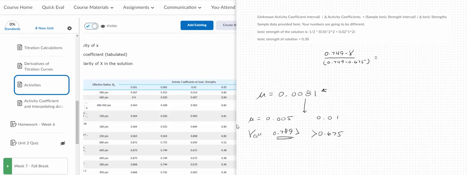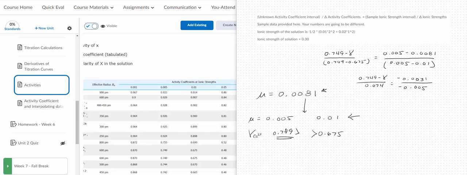Now I need the sample ionic strength interval. So I'm going to put it in the same order, 0.005 minus 0.0081. And I know that's going to give me a negative value. That's okay. They will all work out in the end. And then I have my known ionic strength interval. So I'm going to use these values, 0.005 minus 0.01. And now all I have to do is solve for this gamma.